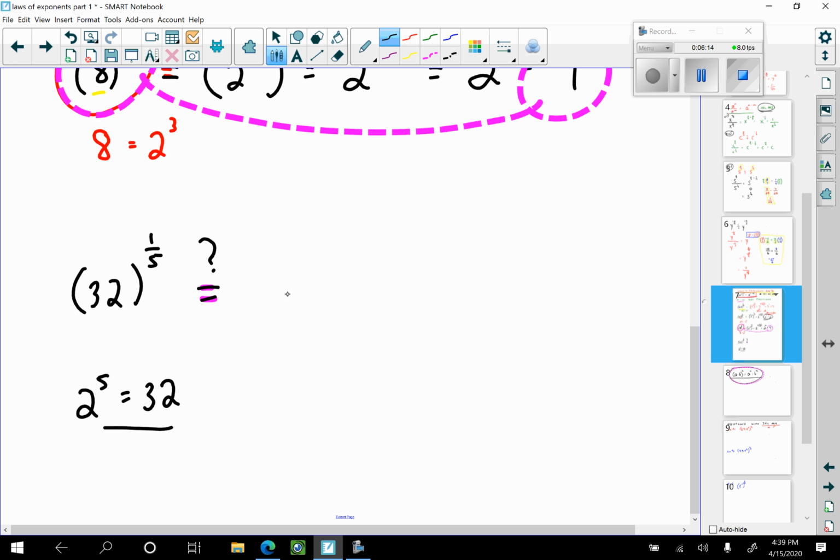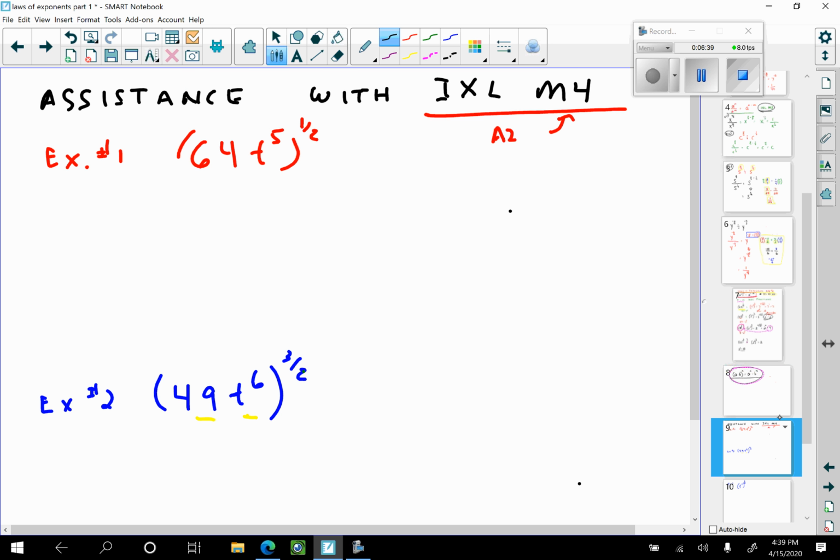That's true. So this is actually equal to 2 to the 5th to the 1/5 power. 5 times 1/5 is 1, so that's just equal to 2. Isn't that funny? It's not magic, it's math. So let's go to some problems that you will encounter on IXL Algebra 2 M4.